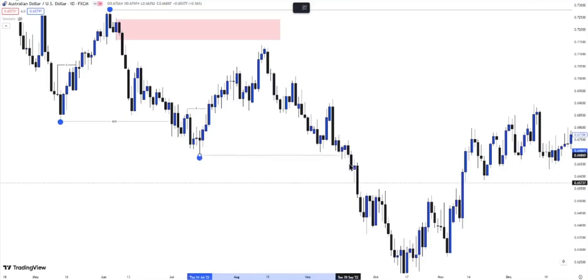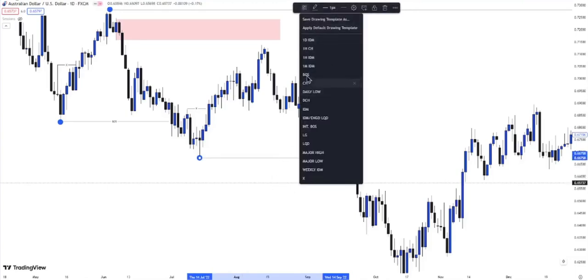And as you can see, did that happen? Well, it took it out with a candle wick initially, but eventually it closed below it, and that is our new break of structure, simple.